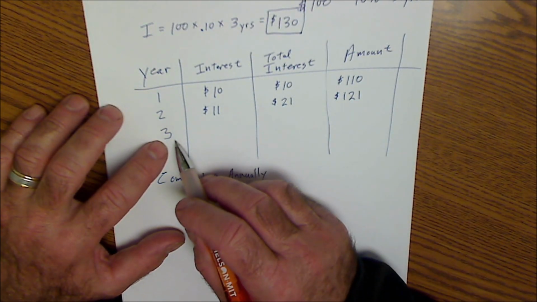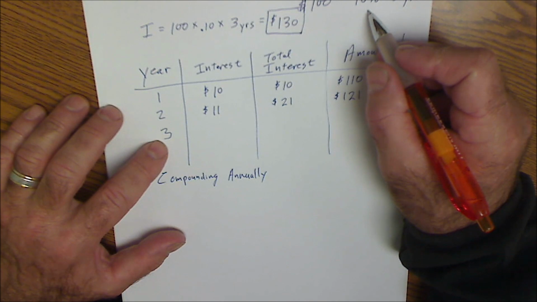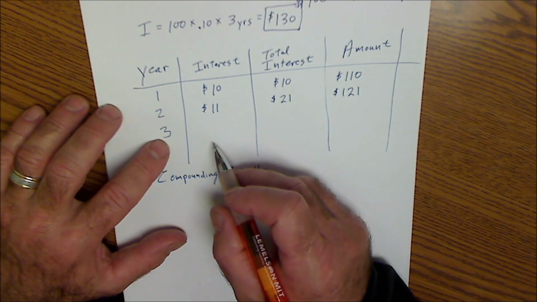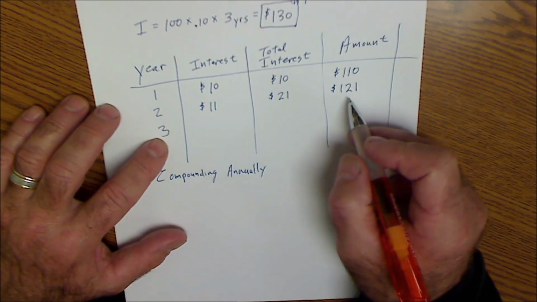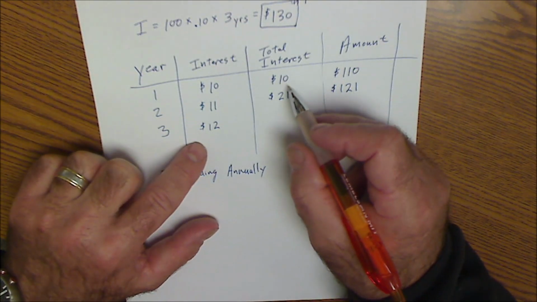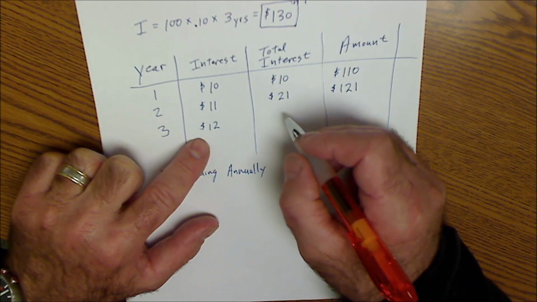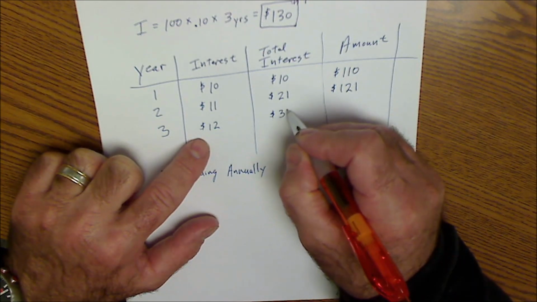So now I'm going to start the third year with $121 in the bank at 10% interest. 10% of the 121 is $12. So the total interest I've made so far is the 12 and the 21, or $33.